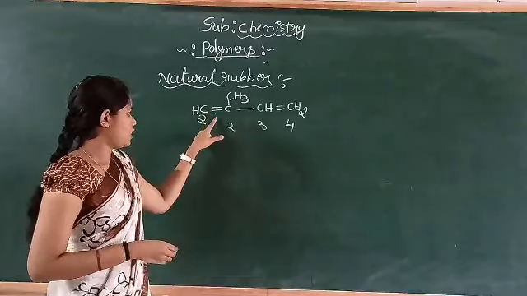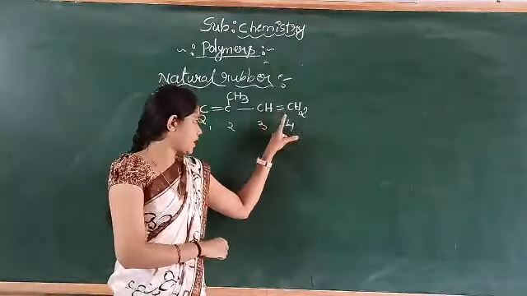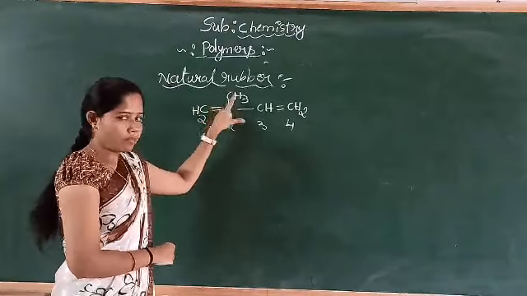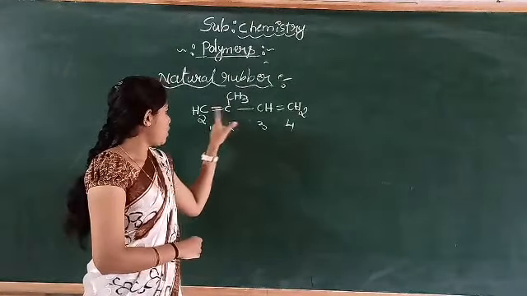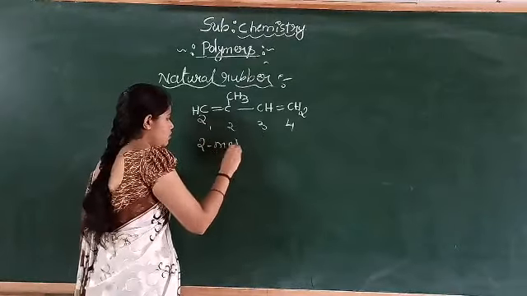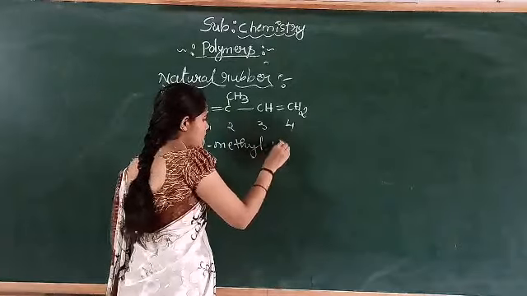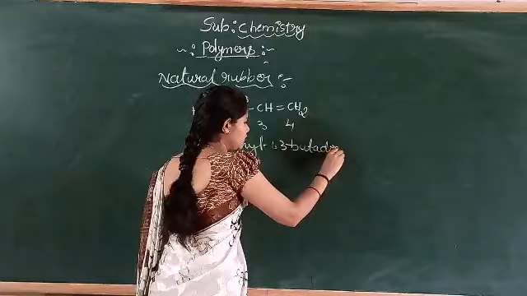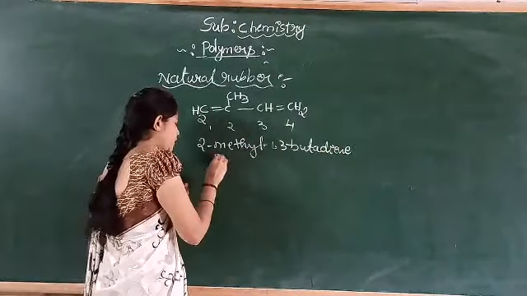Here we have a double bond at the first position, and at the third carbon we have a double bond. So natural rubber is a polymer of 2-methyl 1,3-butadiene. It is commonly known as isoprene.